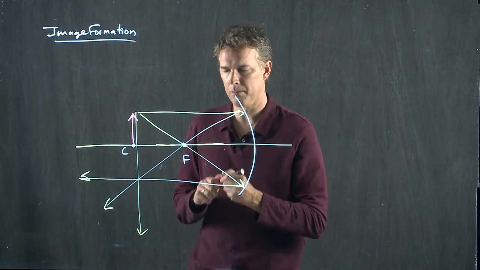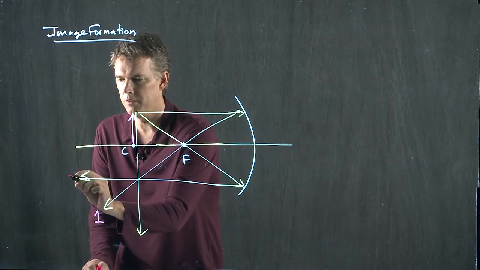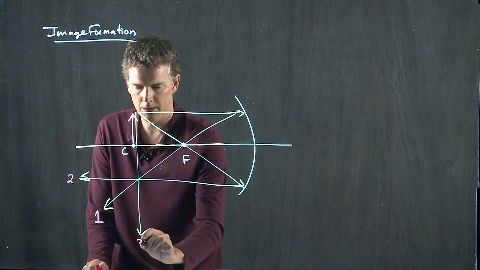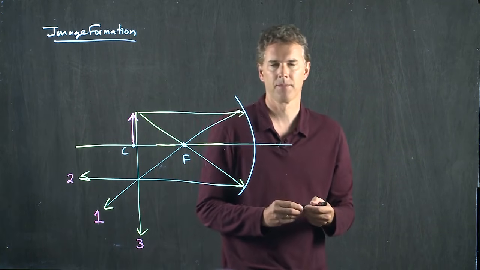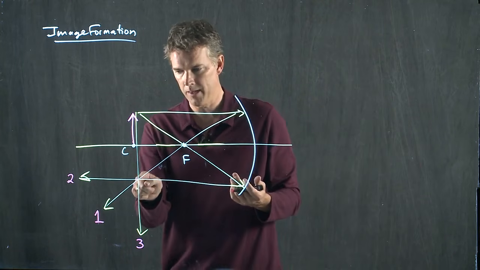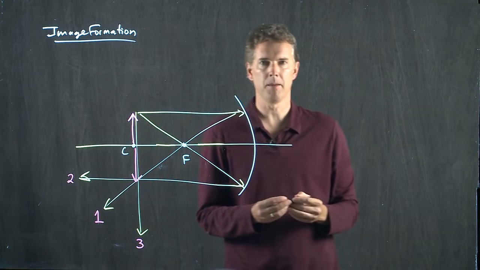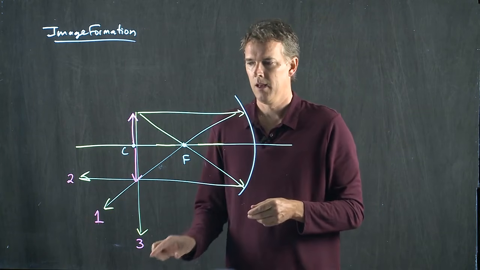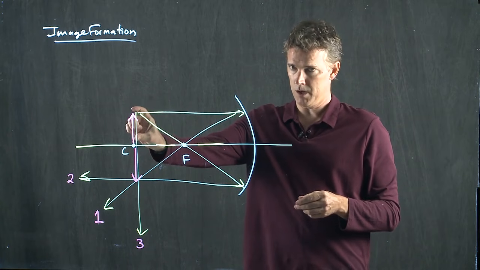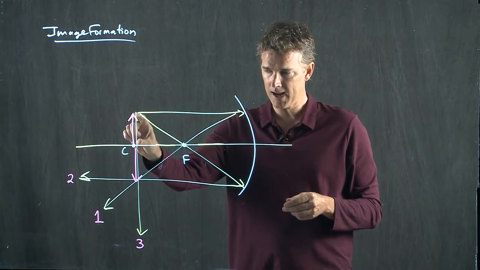So let's label those and make sure everybody's on the same page. This is ray number 1, this is ray number 2, and this is ray number 3. And now where is the image? It's where they meet. The image looks to be exactly the same size as the object.